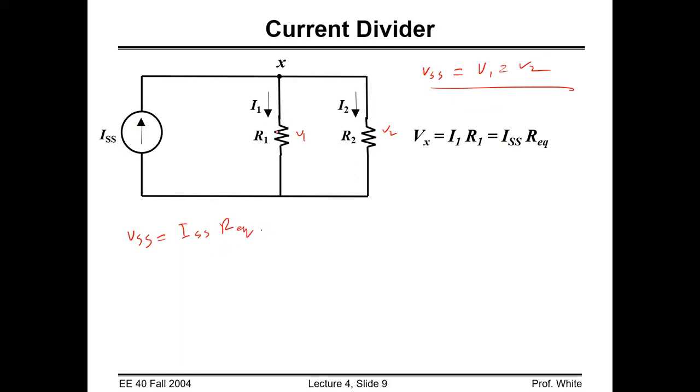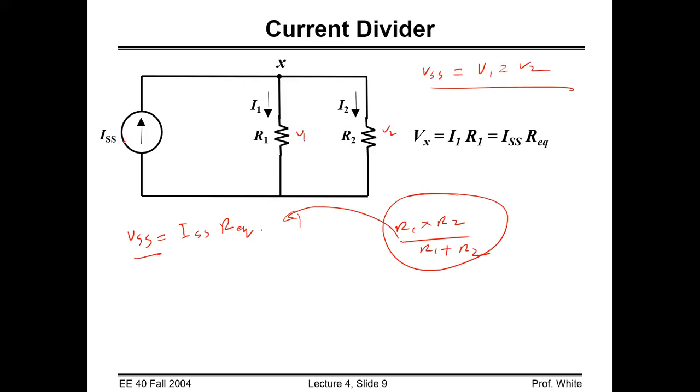The parallel equivalent resistance formula for two resistances is R1 into R2 by R1 plus R2. If you find the R equivalent, then your VSS is found.